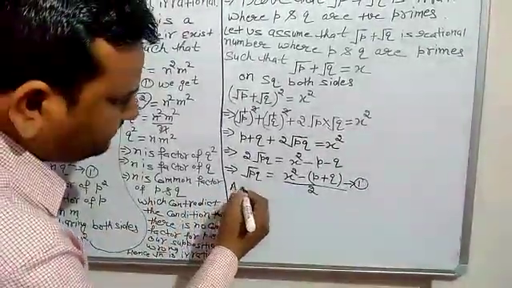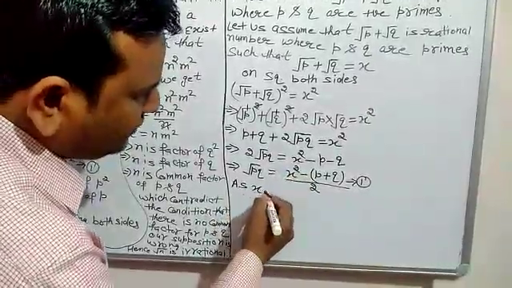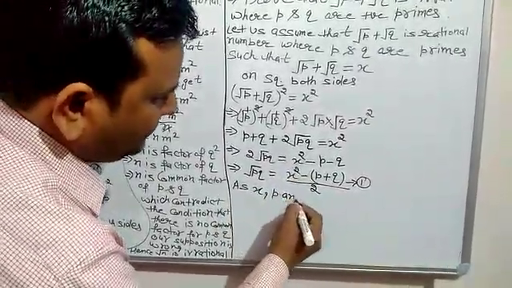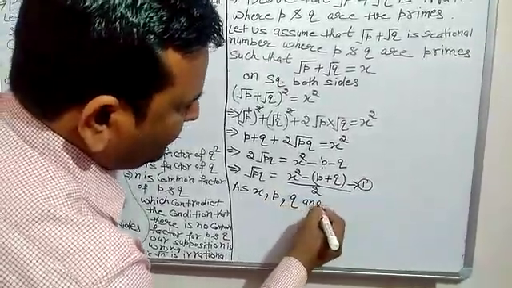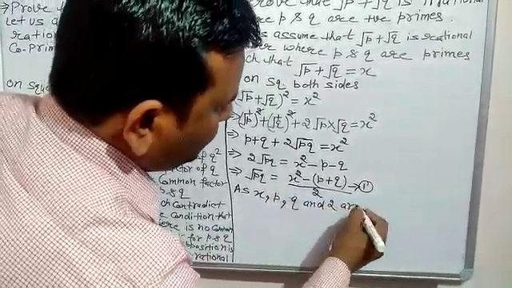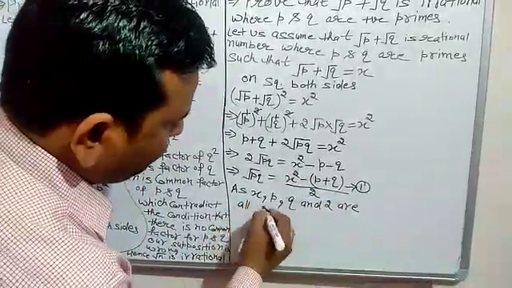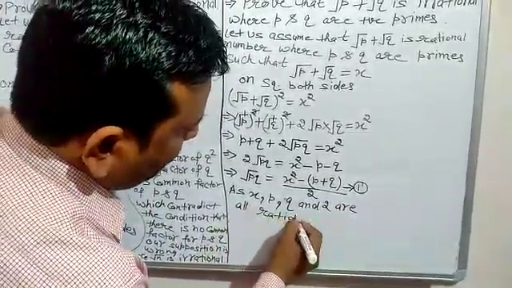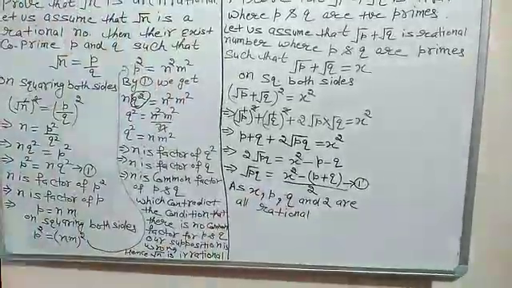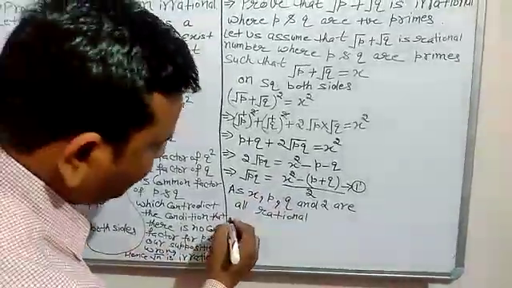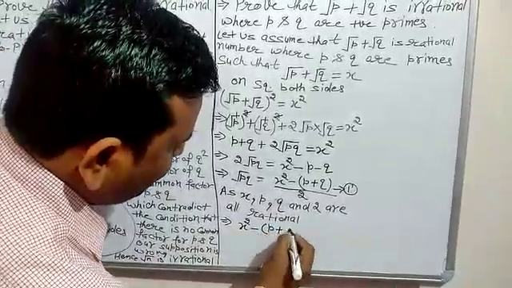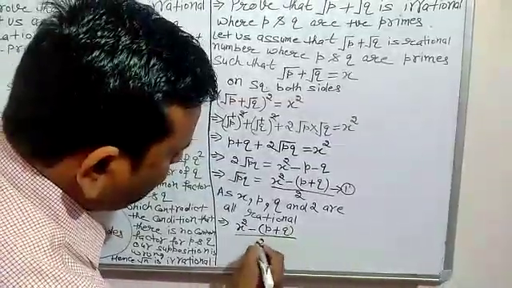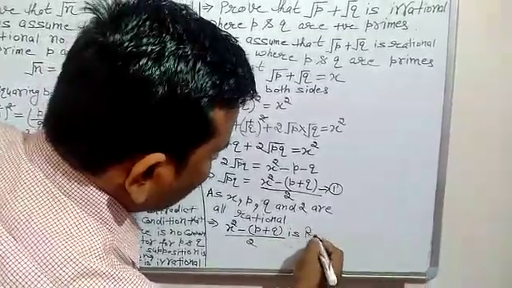As x, p, q and 2 are all rational, it implies that x square minus (p plus q) upon 2 is rational.